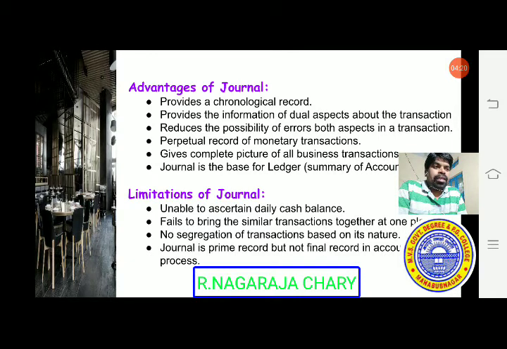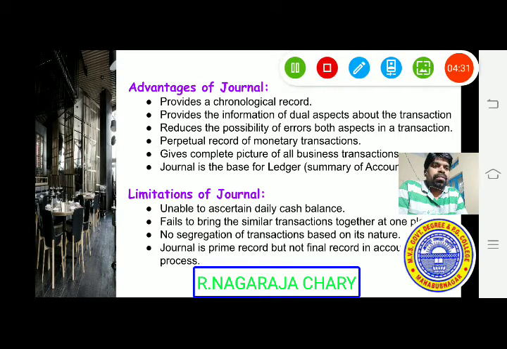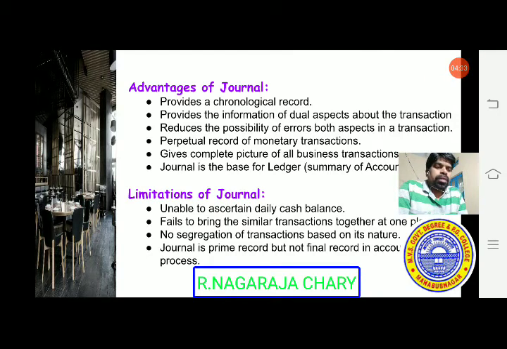So, that is why there is a possibility to reduce the error, because without recording the other aspect, the journal entry would not be completed. So, that is why there is a possibility to reduce the errors, because both the aspects are recorded in a journal. Okay. That is the advantage of a journal.